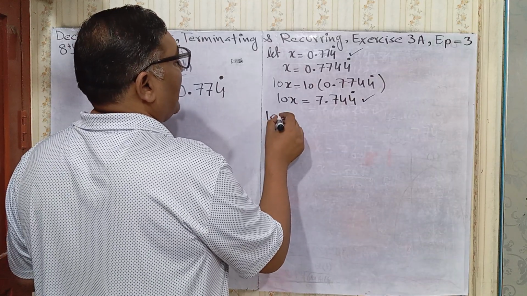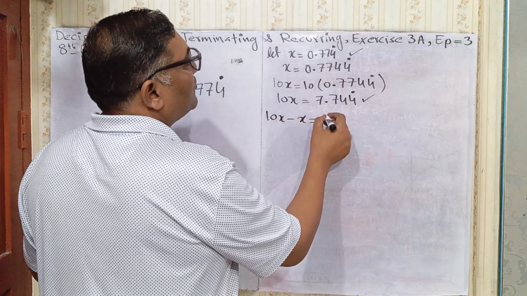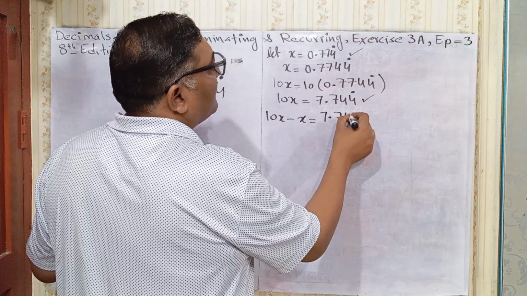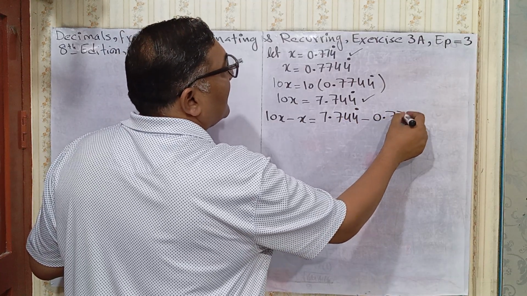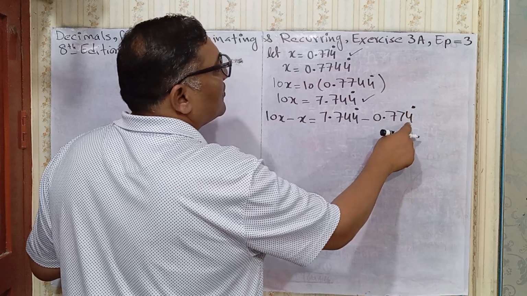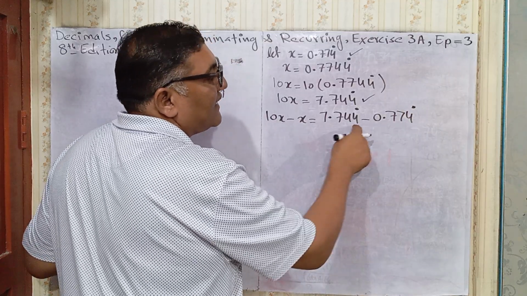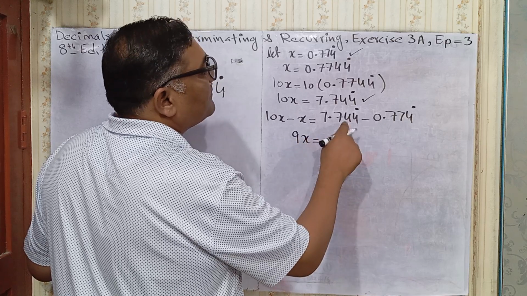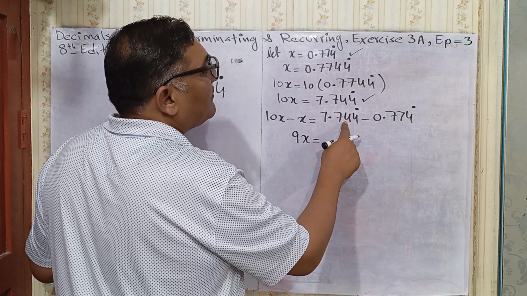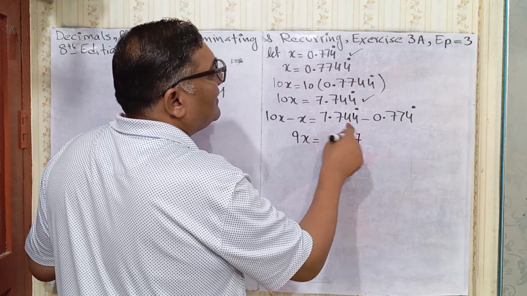So you will have 10x minus x equals 7.744 recurring minus 0.774 recurring. This is on the third decimal place. This is also on the third decimal. They will be cancelled. So here you will have 9x equals 14 minus 7, that will be 7.